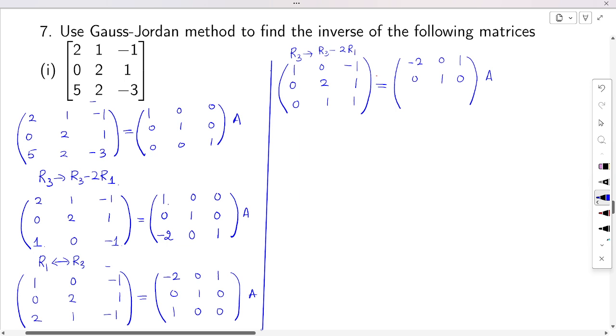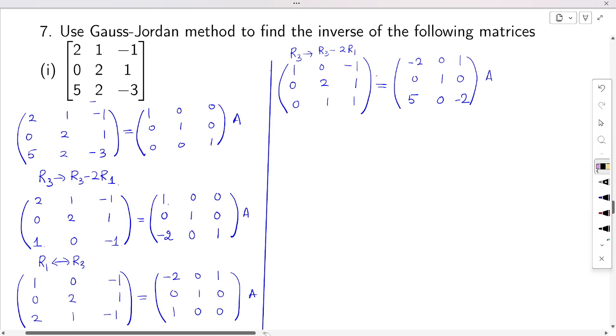Now multiply the row 1 by 2. This becomes minus 4, 0 and 2, and subtract it from row 3. 1 minus minus 4 is 5. This is 0, and 0 minus 2 is minus 2. Okay.